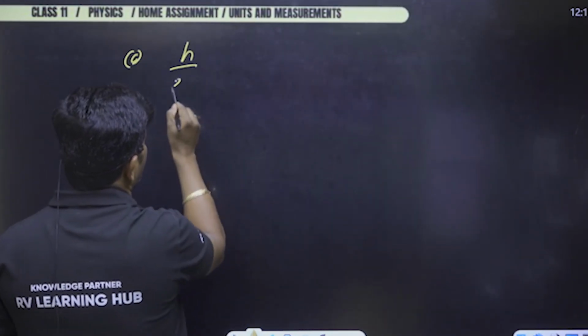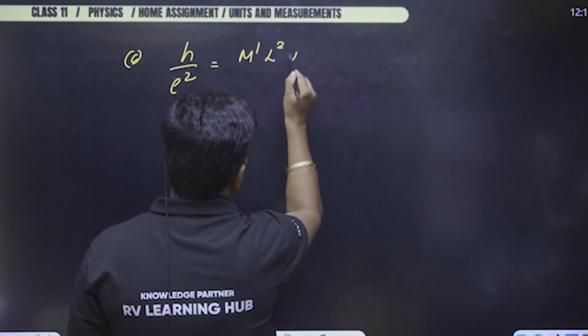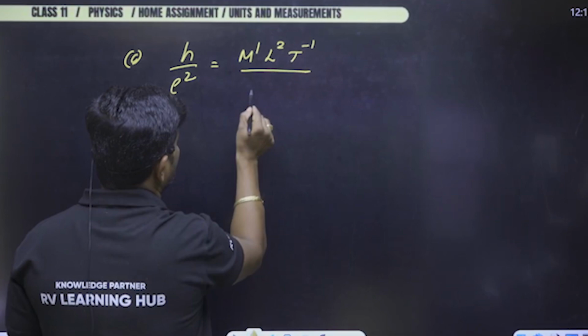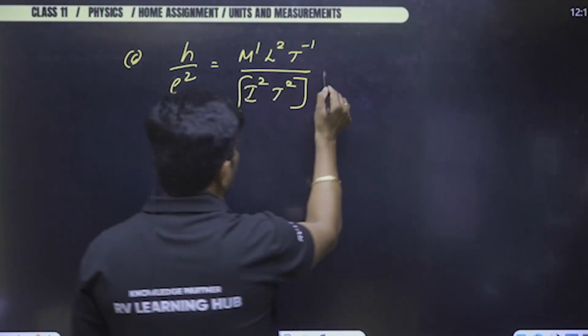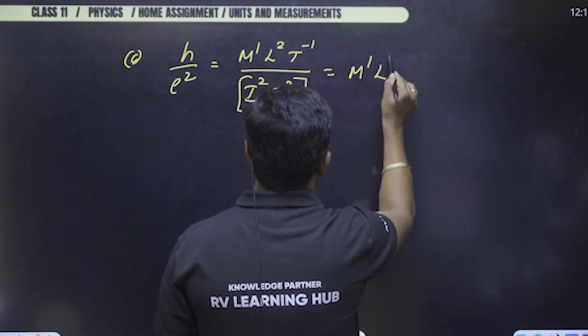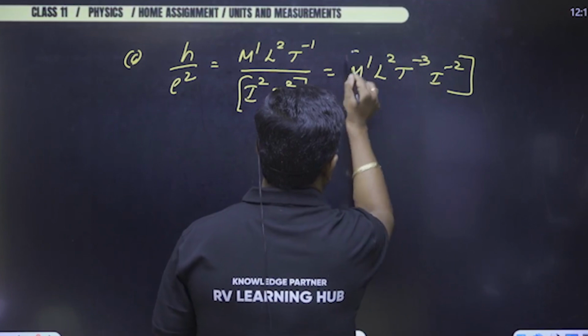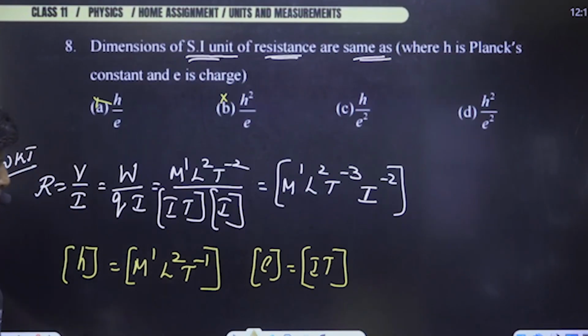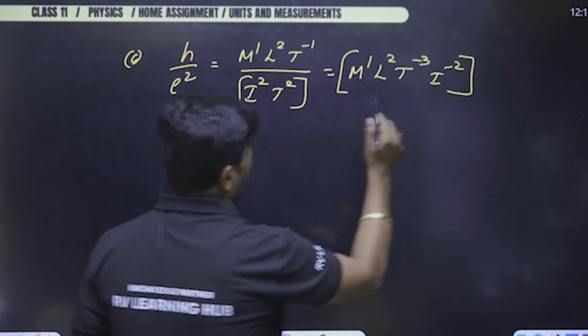You can say h divided by e square. H, what is the dimensional formula? H here, M power 1, L power 2, T power minus 1. So see here we can say I power 2, T power 2. Is it right? So if you simplify this value, you will get T to the power of minus 3, I power minus 2. Is it right or not? So it is same. Let us say this is equation 1 and this is equation 2.